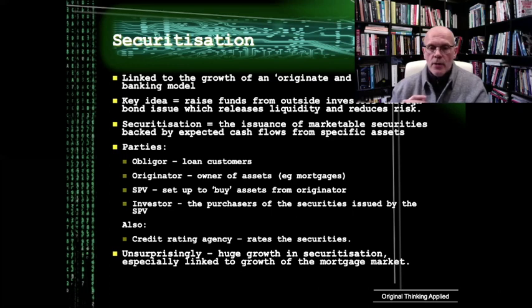So it's the issuance of marketable securities backed by cash flows from specific assets. And you've got different parties that are involved in it, which makes the structure of the securitization less than transparent. It's difficult to see what's going on and where the money's flowing.